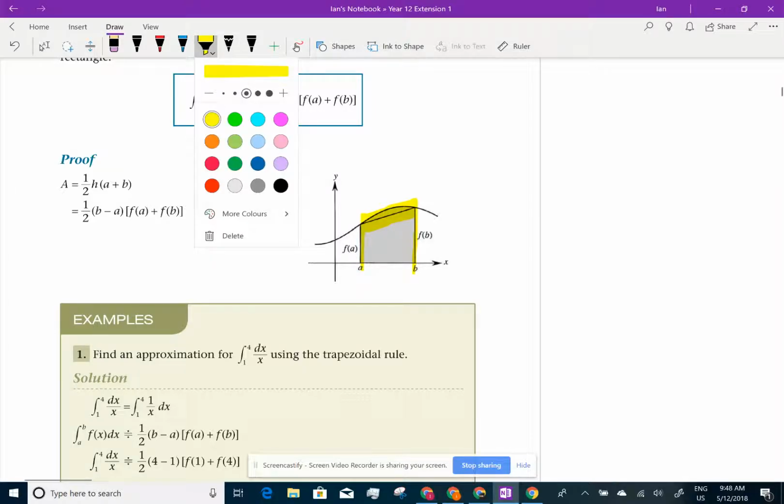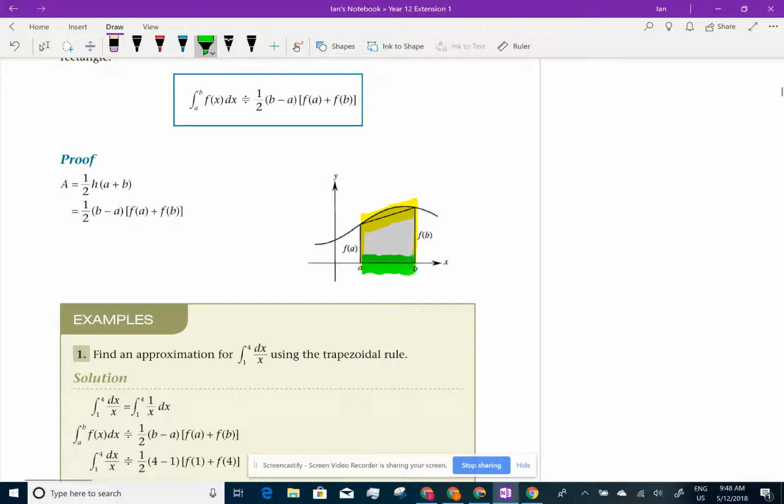Actually, I'll highlight it in green. That bit there is your height. So if I were to draw this trapezium on its side, it would look like that. And you've got your B and your A, and that's going to be your perpendicular height, and these are your parallel sides. So your parallel sides are there and there.